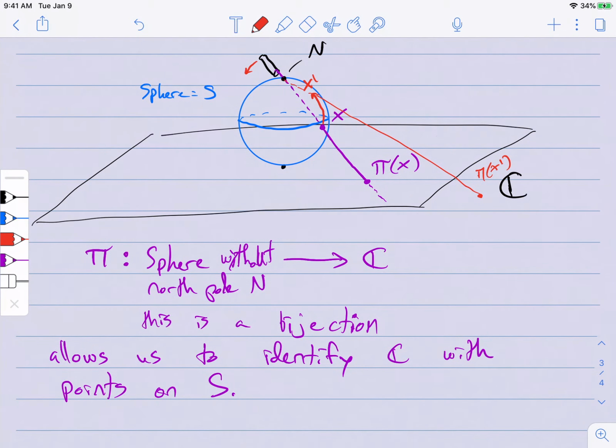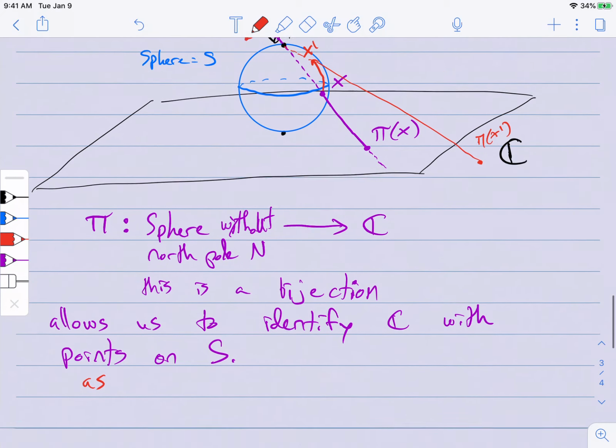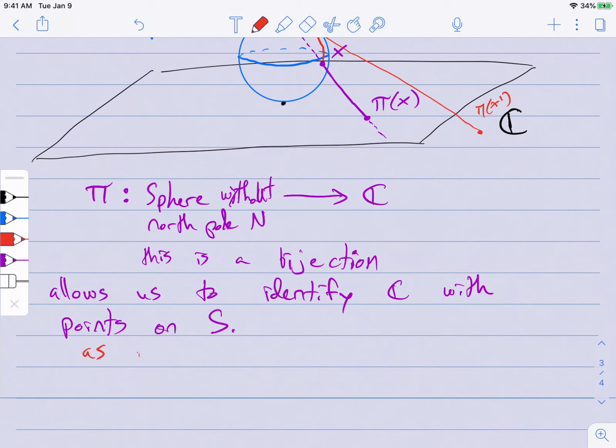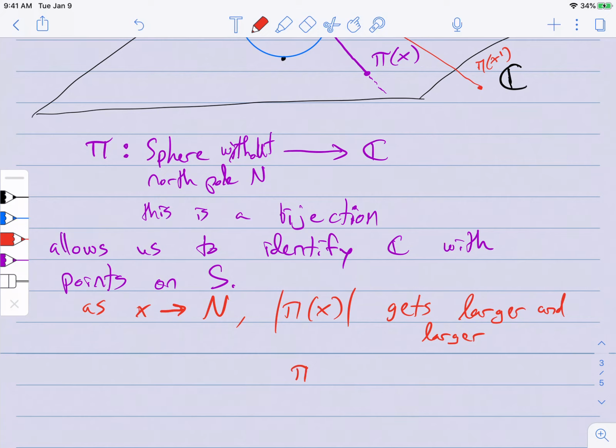And so as the point x gets closer and closer to the North Pole n, the size of pi of x gets larger and larger. In other words, another way to say it is that pi of x goes to infinity.